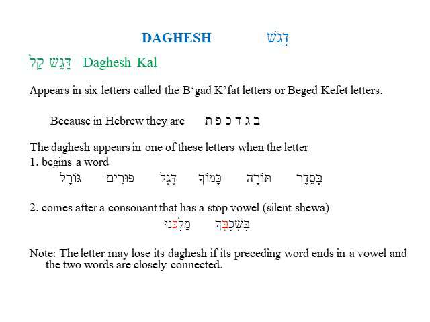Sometimes, however, the Daghesh that would normally come into a Beged Kefet letter gets dropped if the preceding word ends in a vowel and the 2 words are closely connected.